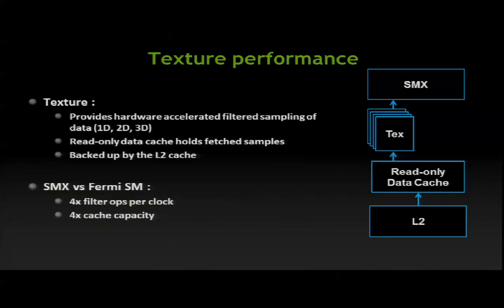What textures are on the graphics side is basically that you have a triangle and you want to put a certain texture onto this triangle. This feature allows you to do automatic interpolation between adjacent values. It has additional caches when coming from global memory to make sure that you have good performance for accessing elements that are not nicely aligned with each other.